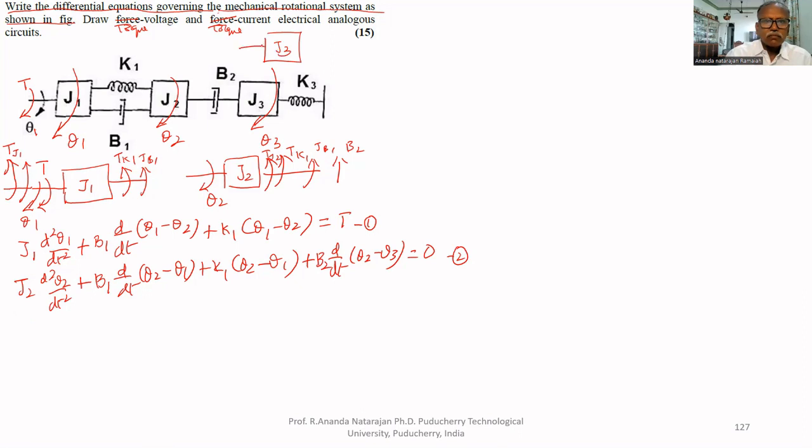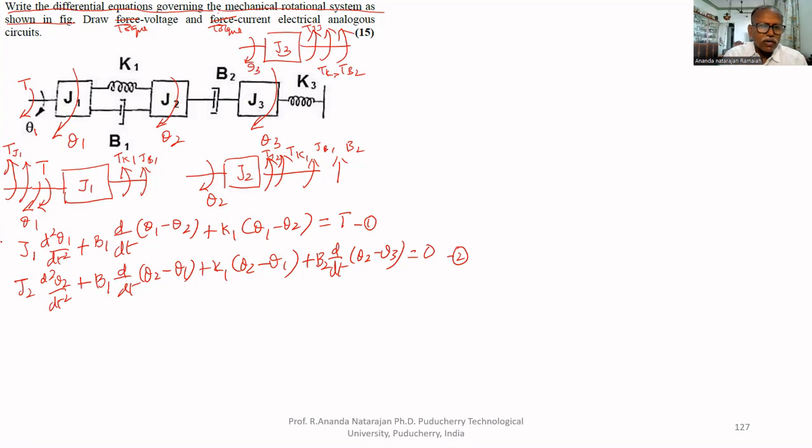Third equation is for the third inertia J3. The displacement is theta 3. Therefore, the reaction forces are in the opposite direction: TJ3, Tk3, Tb2. These are the three reaction forces, with no applied torque.